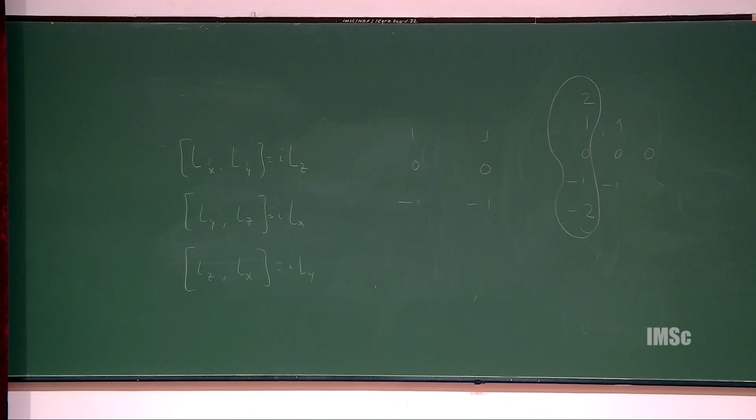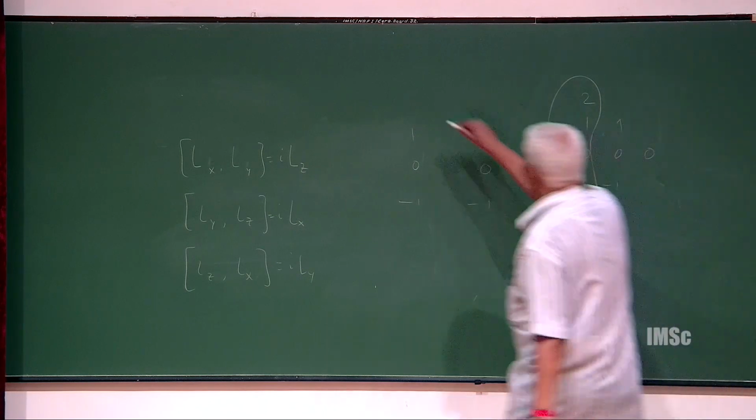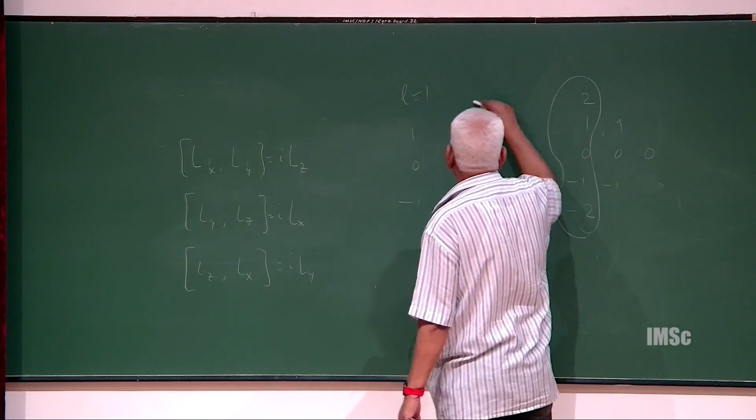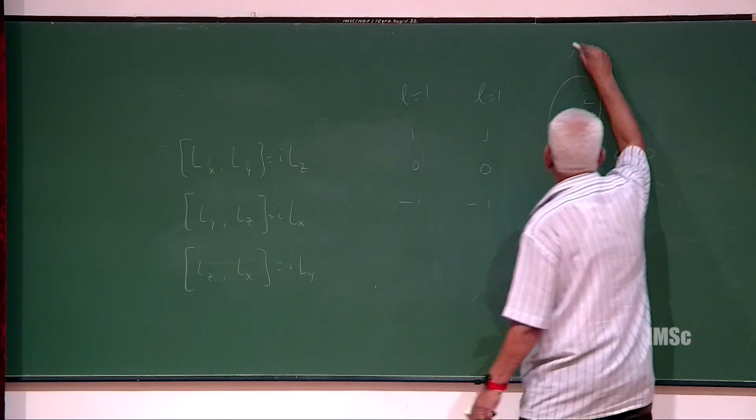That is what you call angular momentum L equal to 2. It will have 5 states. Angular momentum 2 is 2, 1, 0, -1, -2. So, I will call this L equal to 2. I will call this L equal to 1. This is L equal to 1. This is L equal to 2.